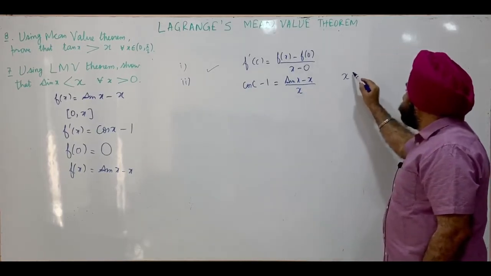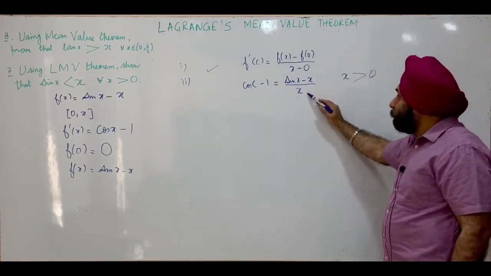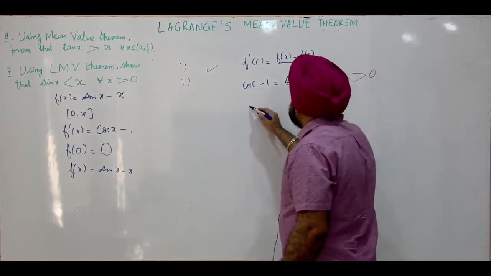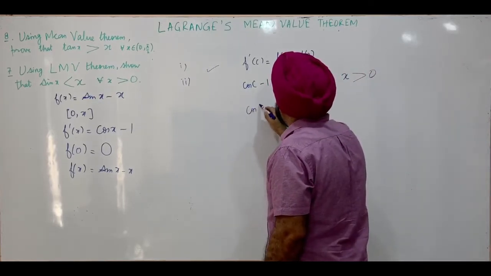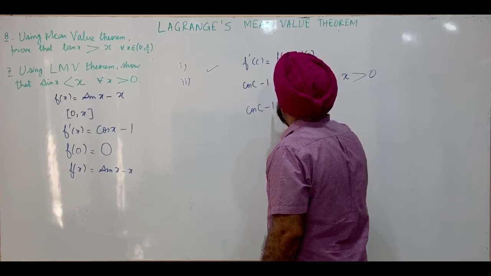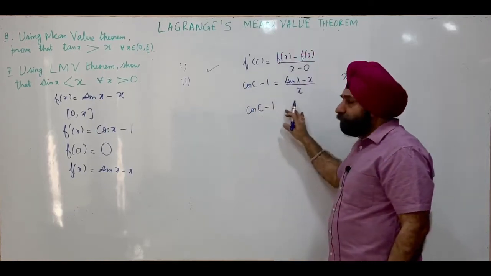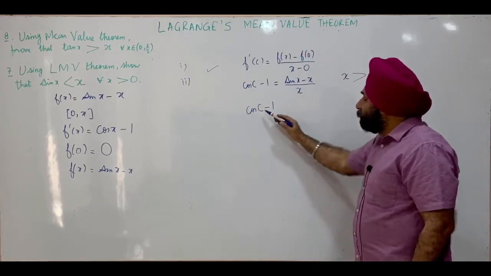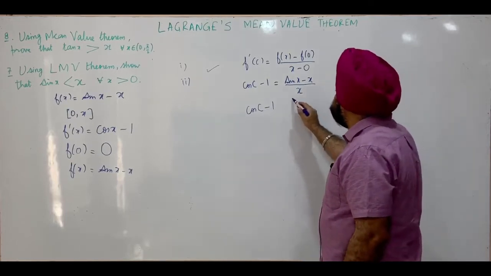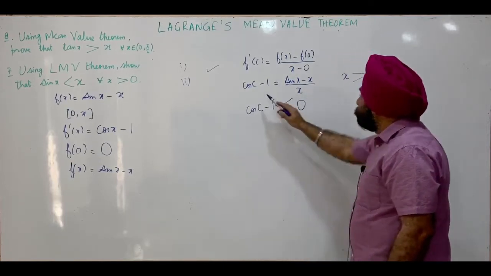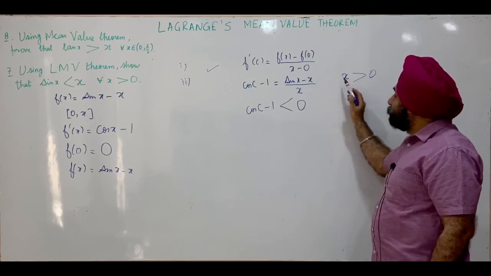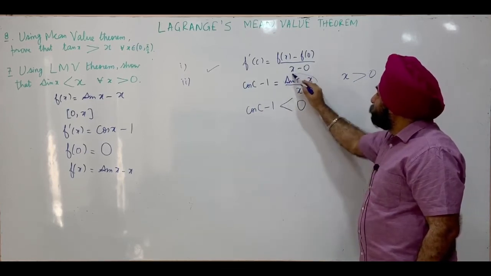Now since x is positive, this is positive, so we can say cos of c minus 1. What is the sign of cos of c minus 1? Cos of c is less than or equal to 1, so this will be negative. This is negative. X is positive, so what will be the sign of this?